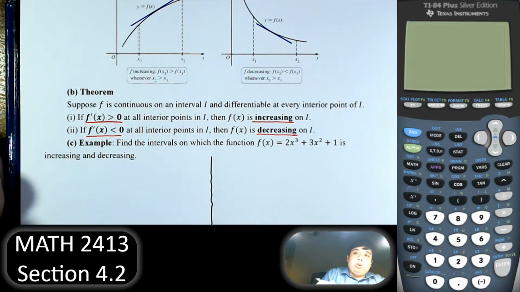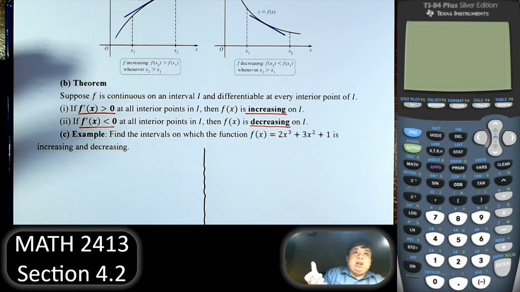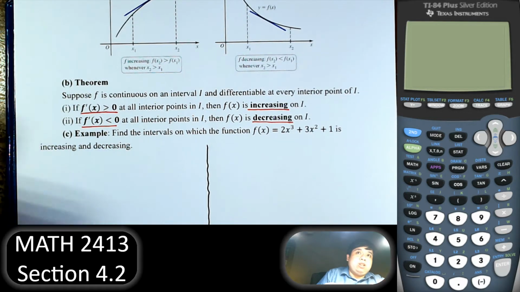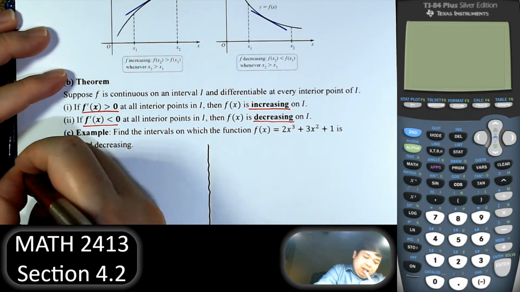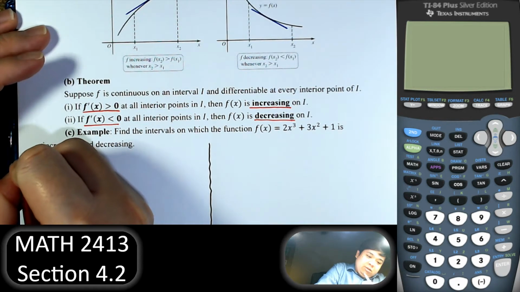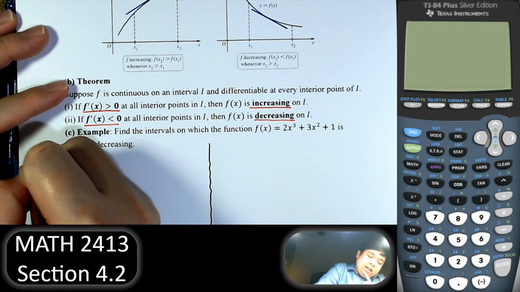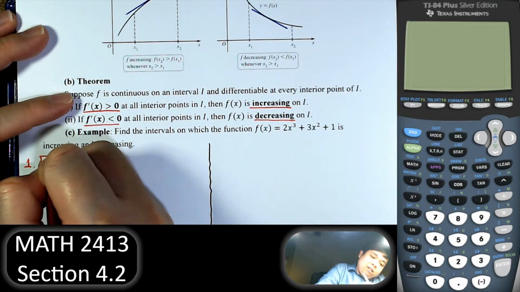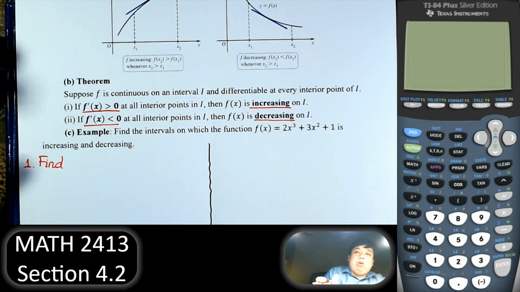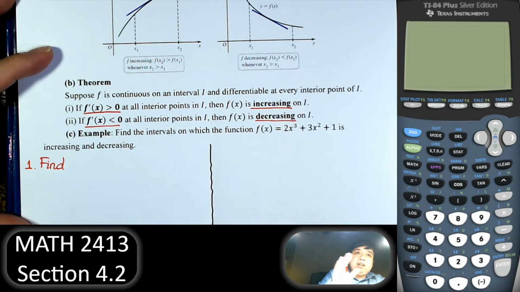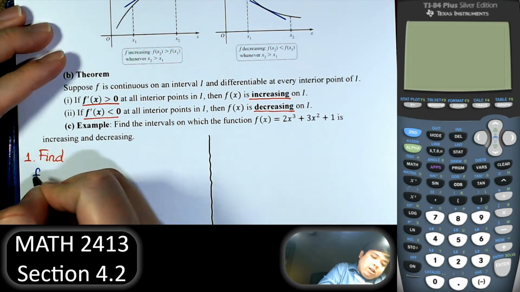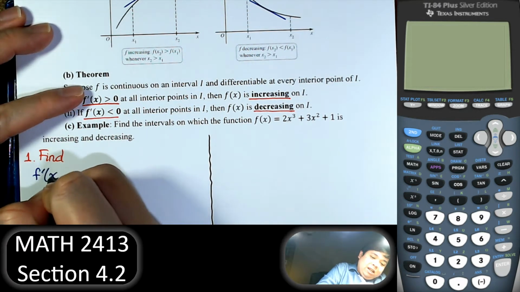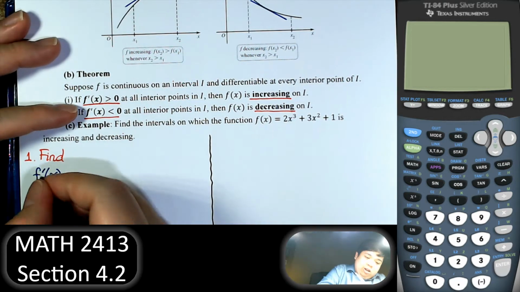So find the interval for which the function is increasing or decreasing. The first thing we do, of course, is find the critical points. But we're not going to say critical points for a reason. So the first step is to find where the derivative equals 0 or does not exist. I'm not going to say critical points, but we determine that later. Regardless, we take the derivative, and after that set it equal to 0 or find where it does not exist.